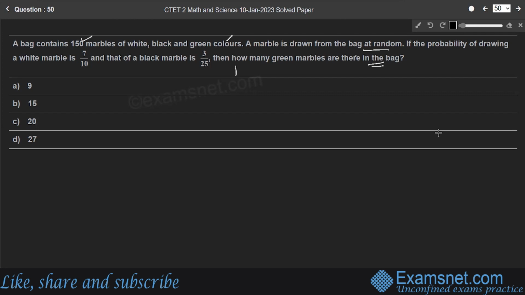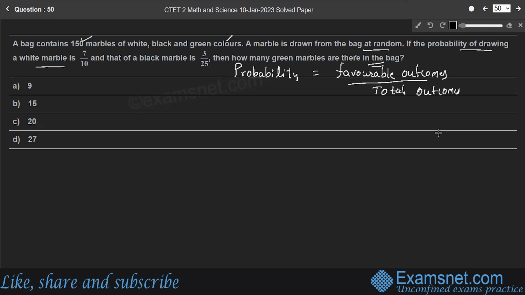Here probability is equal to number of favorable outcomes by total outcomes, right?